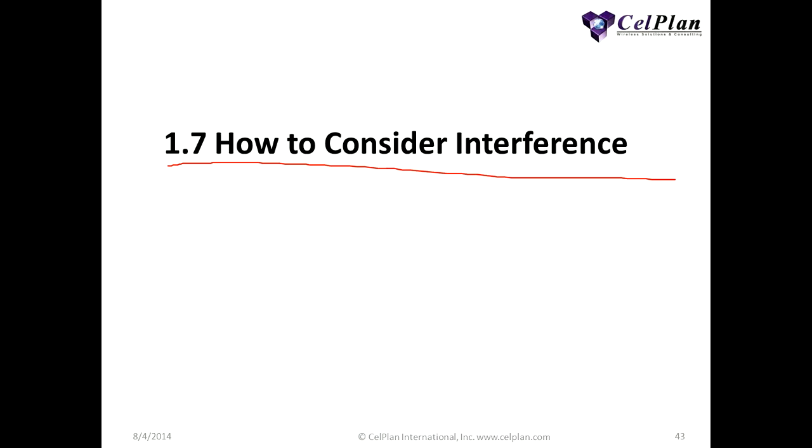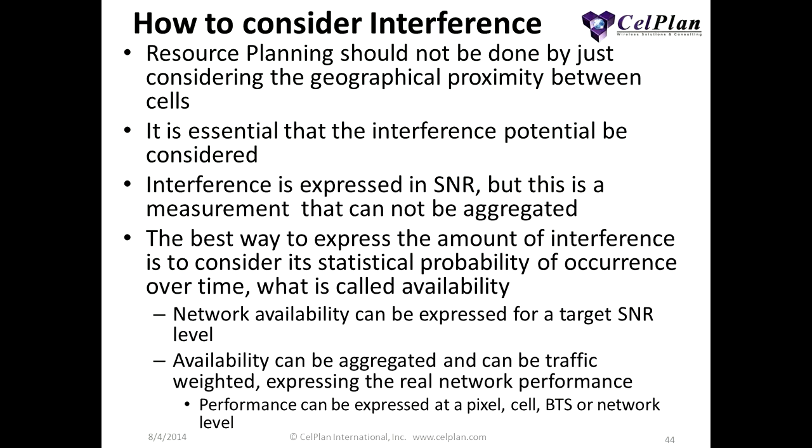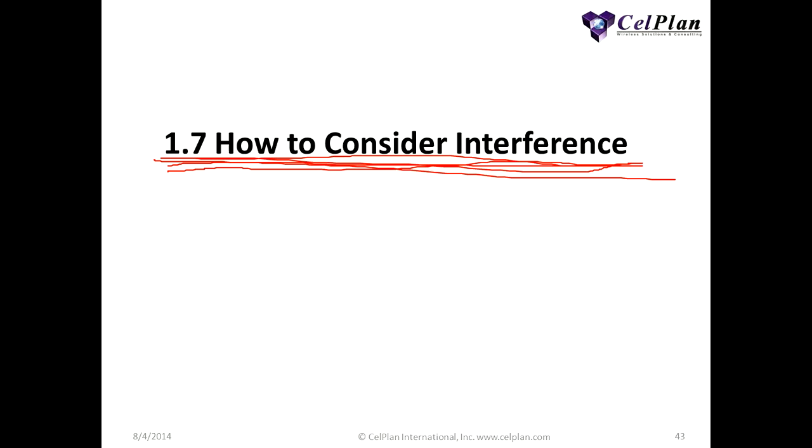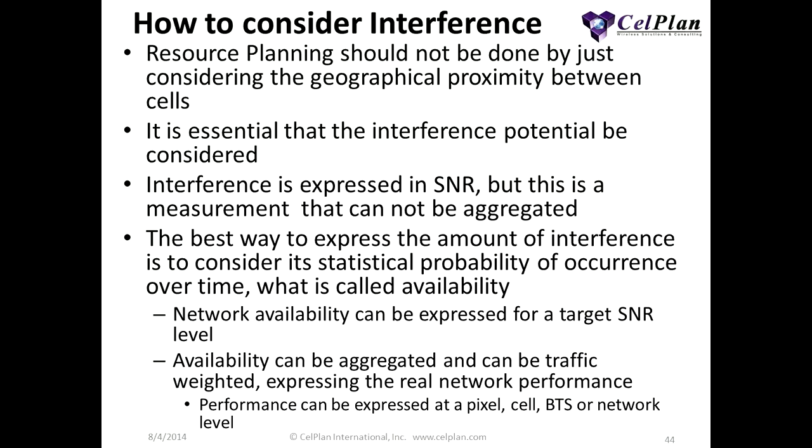Next topic is how to consider interference, and that's very, very important, because it's not easy to consider interference properly in a network. One thing is to measure interference, but how to add interference, how to consider interference on a global level is very, very difficult.